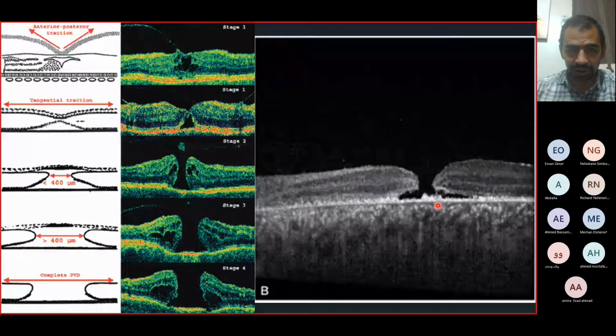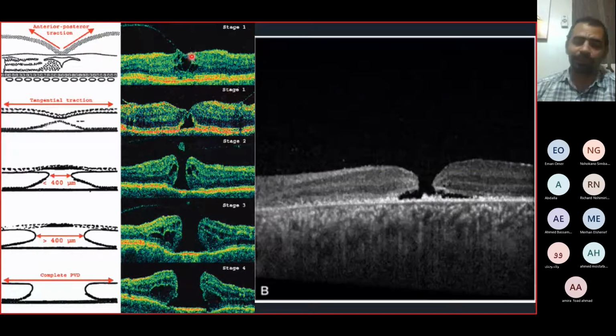If you can see here, this is the posterior hyaloid, and this is the other end of the posterior hyaloid, and they are exerting some traction on the fovea. So the macular hole usually starts by dehiscence between the layers of the retina, and then tissue defect at the outer retinal surface close to the retinal pigment epithelium, and then it progresses to a full thickness macular hole.